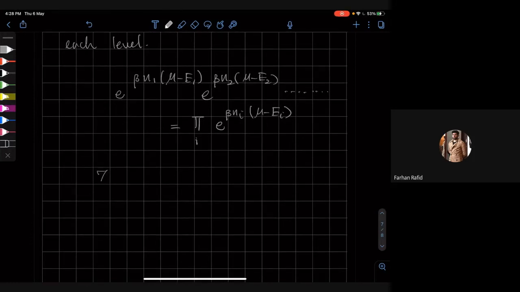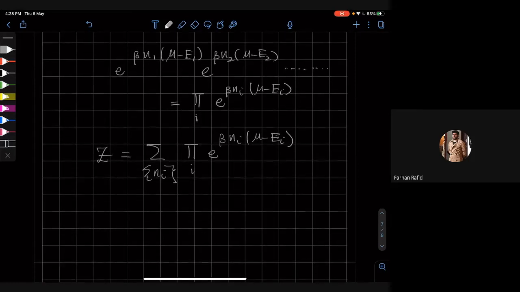The grand partition function is going to be the sum over all the possible N_i's that are allowed by the symmetry, with the summand being this thing. Now the idea is that N_i is actually independent of i.